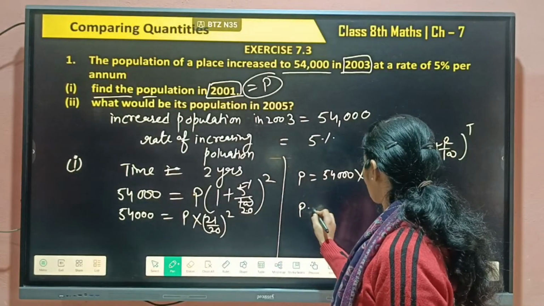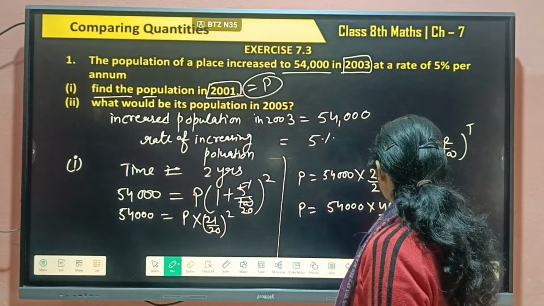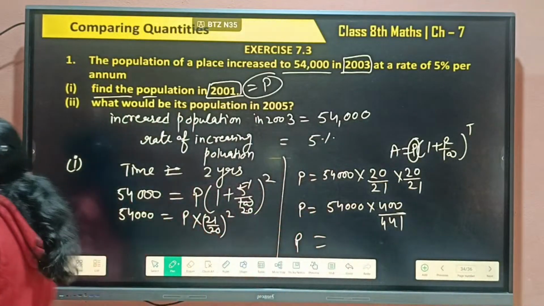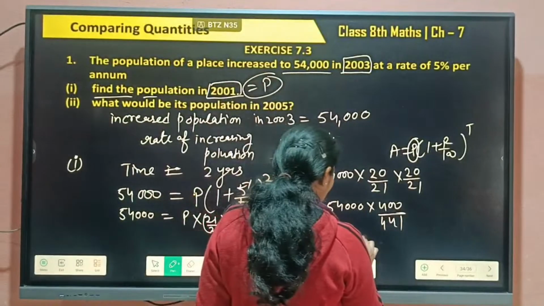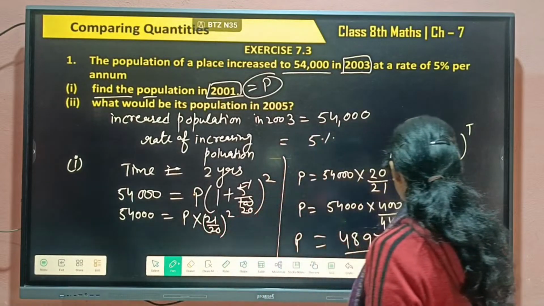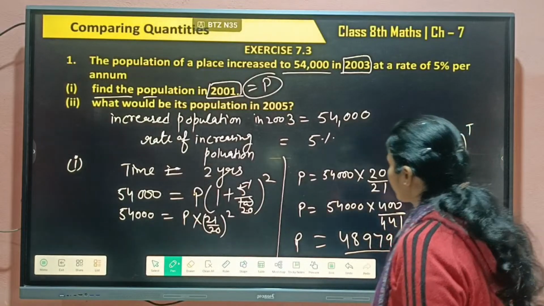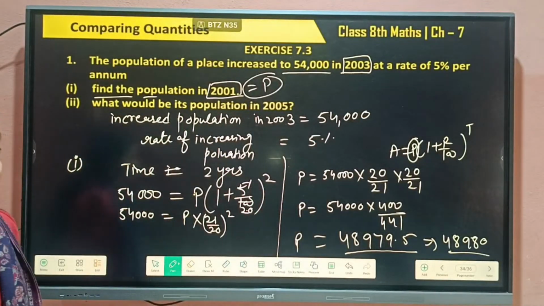Now see, P is equal to 54,000 into 400 by 441. Now if you simplify this, you will get your answer, 48,979.5, or approximate value you will say 48,980. This will be the population in 2001.